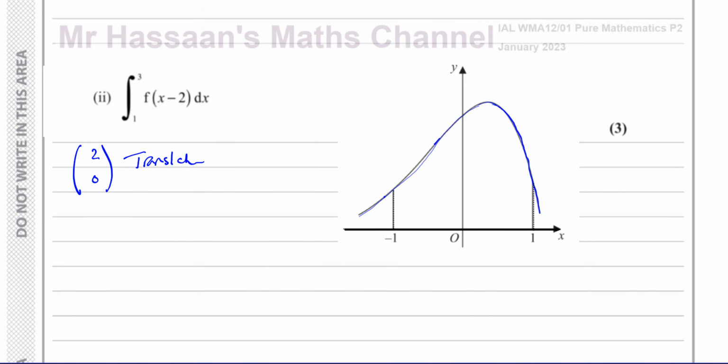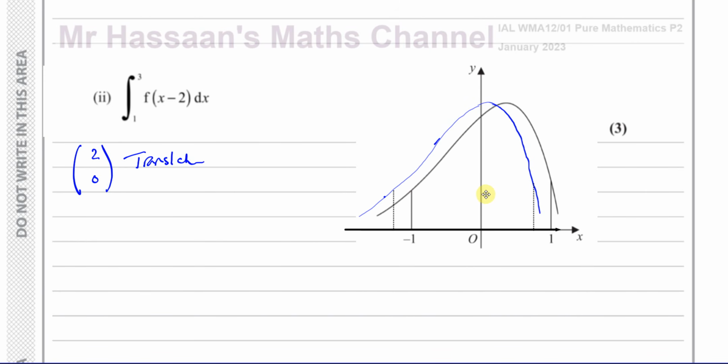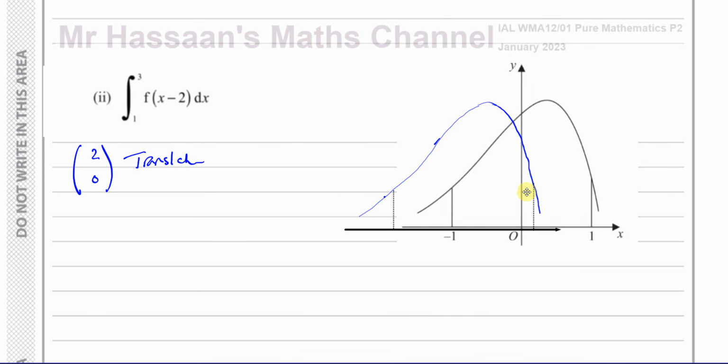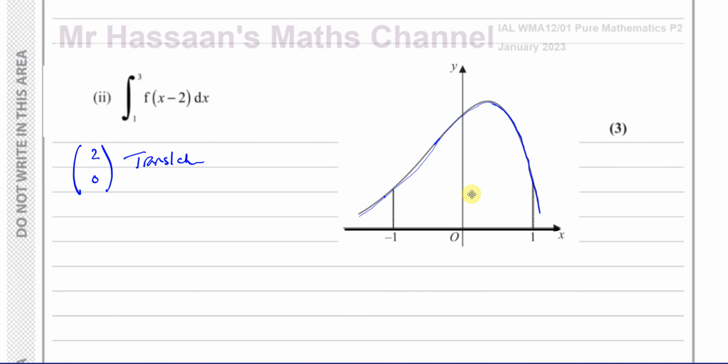So basically, this whole graph is going to shift, according to this transformation, to the right by 2 spaces. Okay, so basically what was originally the origin is now over here.